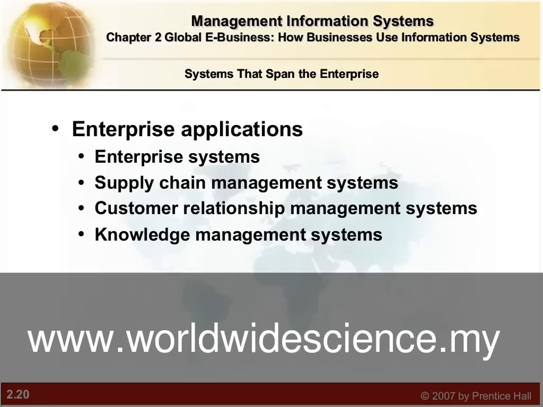In Weeks 3, 4, and 5, we will talk about these different kinds of systems, and we are also supposed to talk about the infrastructure, which is database and networking.